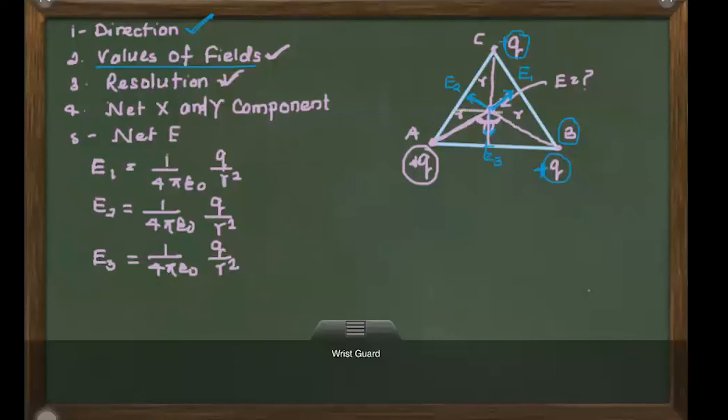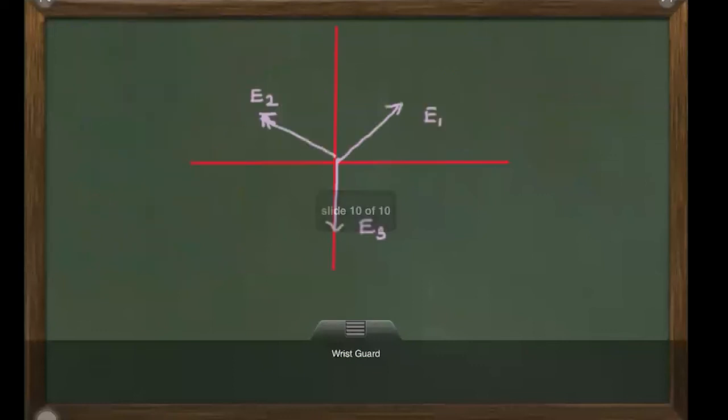And here again, this one will be 90 degree. Simply you draw a line here, and then this angle will be 30 degree because the whole one will be 60. So this angle will be 30 degree, this angle will be 30 degree.